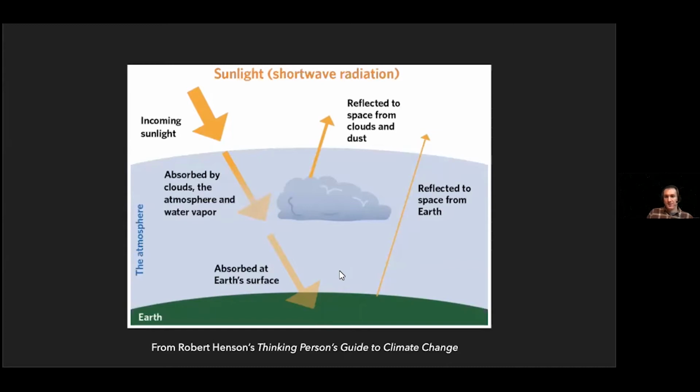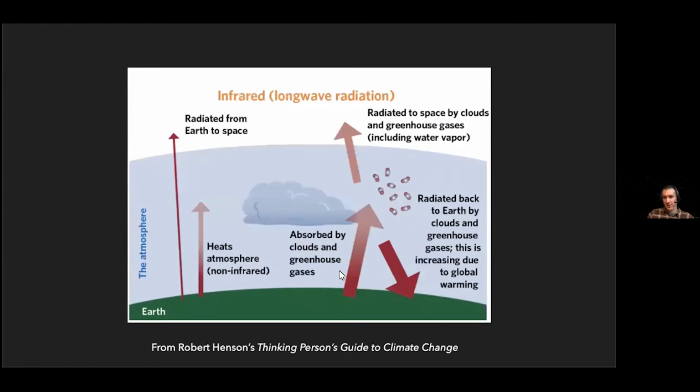Now, in comparison to the Sun, Earth is much, much cooler, so consider the energy that Earth will later re-emit. Because it's a solid body like anything else, Earth is also emitting its own energy. So that brings us to this figure. The energy in this case is mostly infrared.